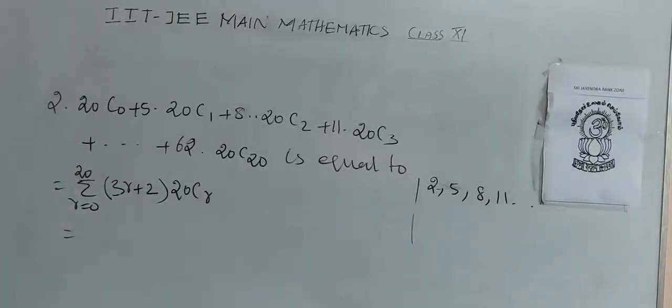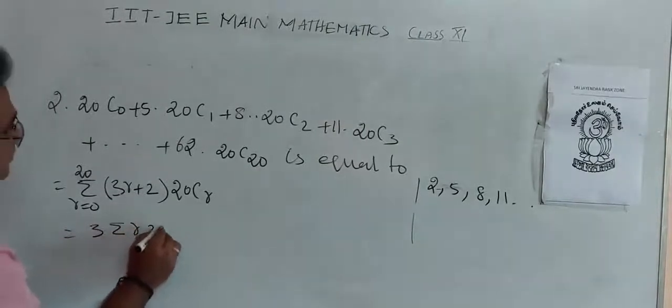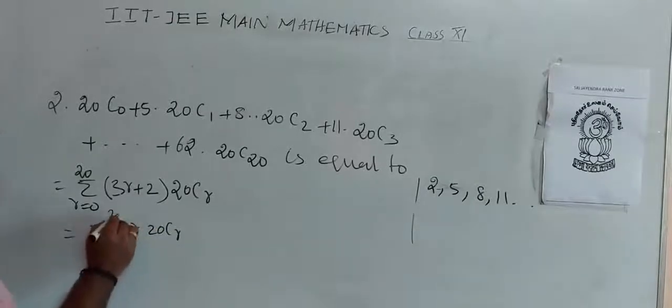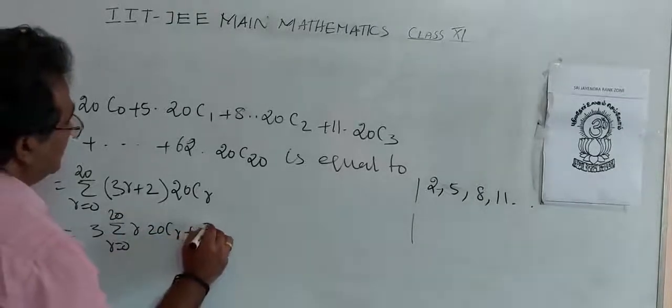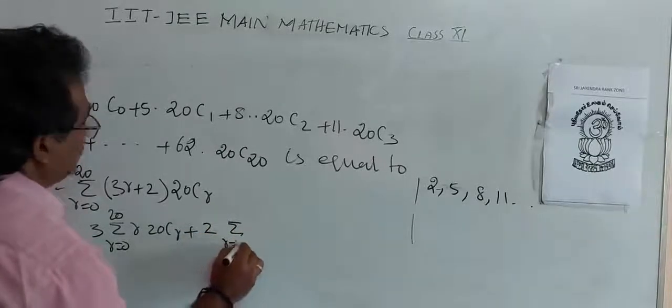This is equal to the summation of 3 into R into 20CR, R equal to 0 to 20, plus 2 into the sum of 20CR, R equal to 0 to 20.